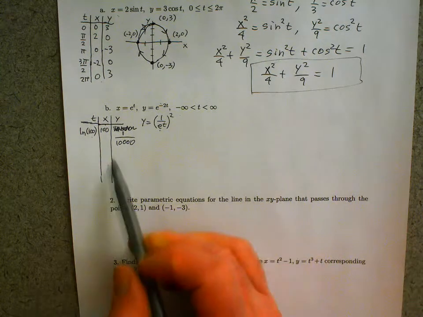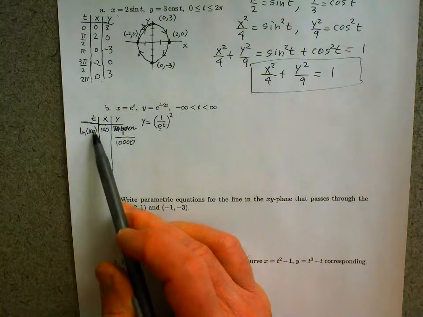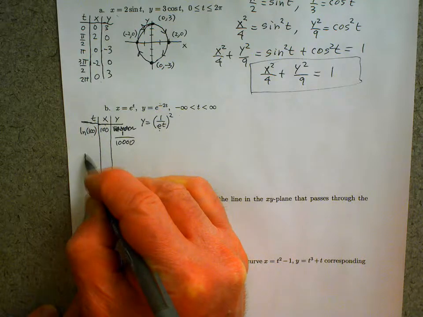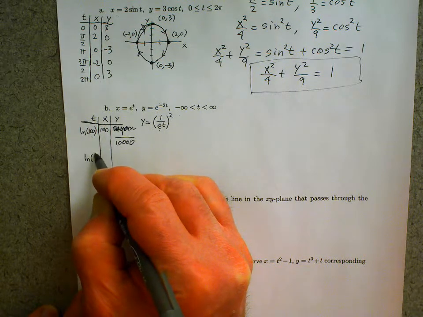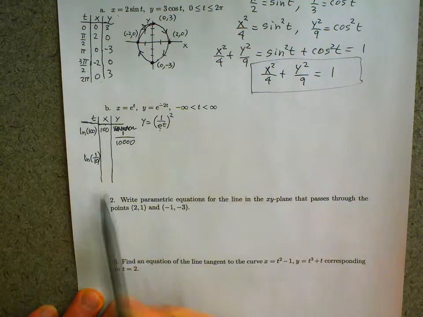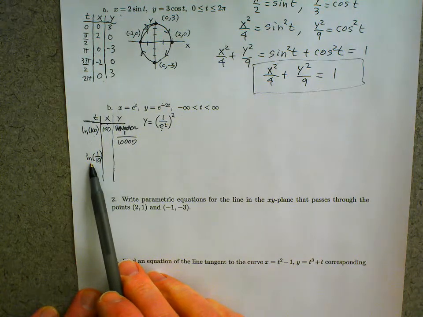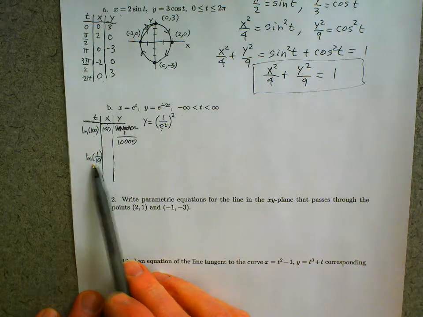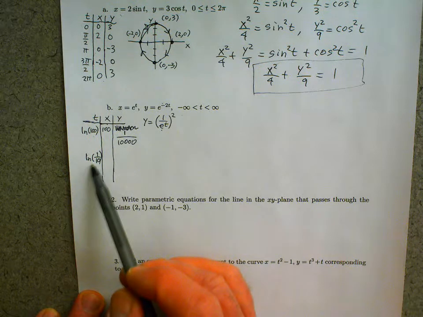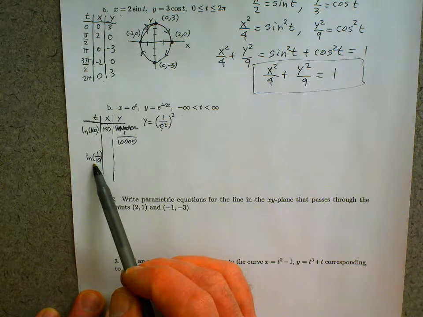Okay, let's pick some t values that are a little closer. How about the natural log of 1/10? The natural log of 1/10 is a negative number, it's the negative of the natural log of 10.